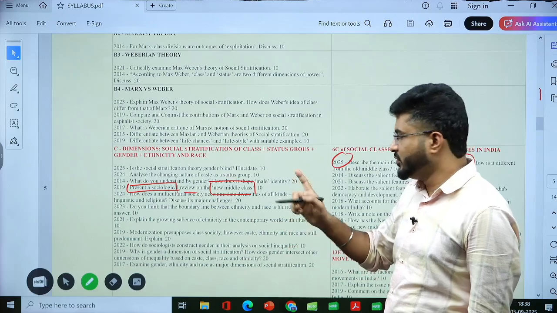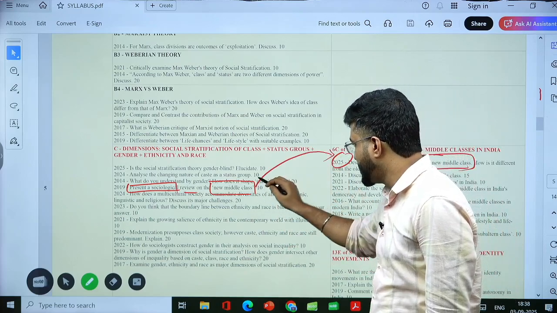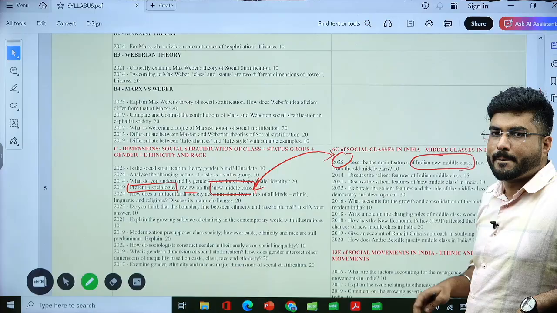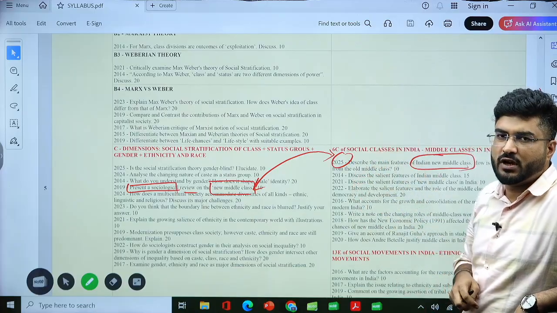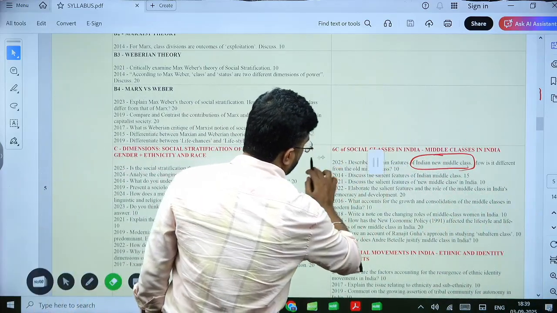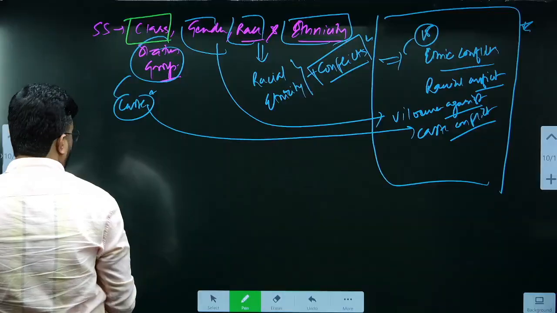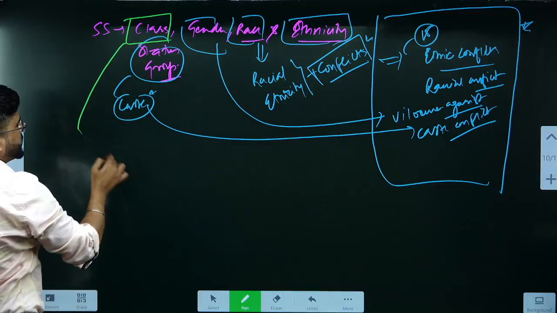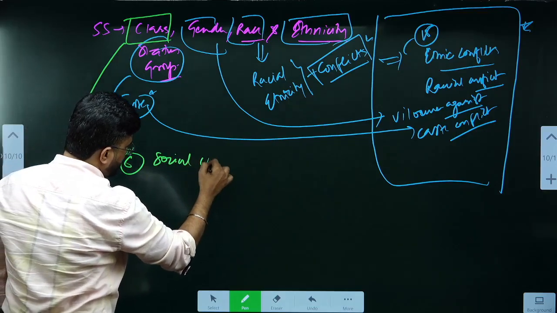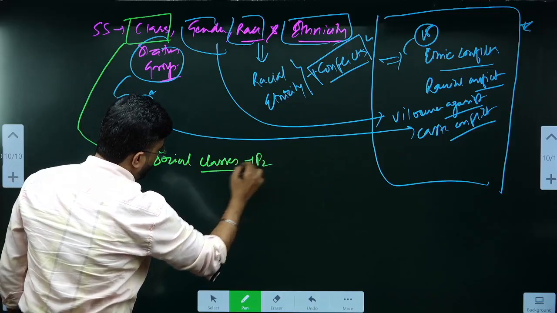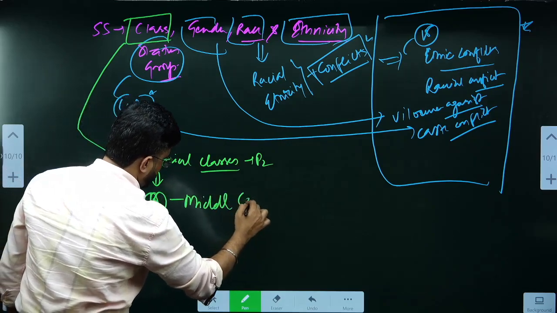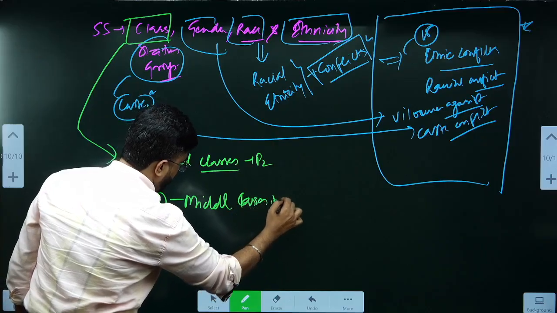If you had combined these two sections to understand class formation, we could have easily gotten the answer to our paper 2 question here. So for this, what do we need to do? With this class section, we need to cover chapter 6 social classes from paper 2, where in section B you talk about middle classes in India.